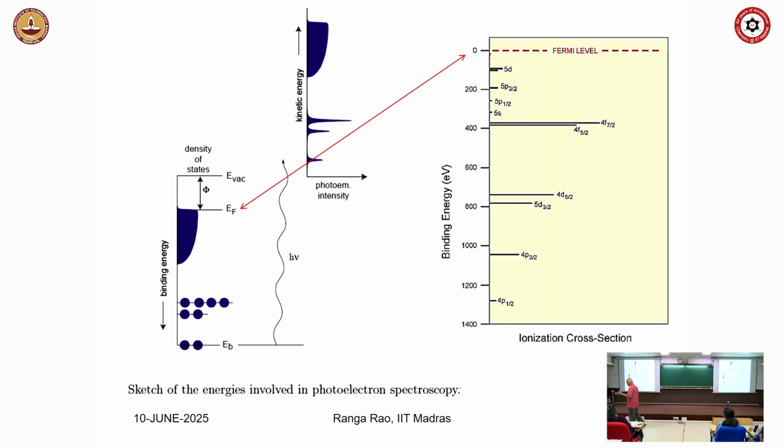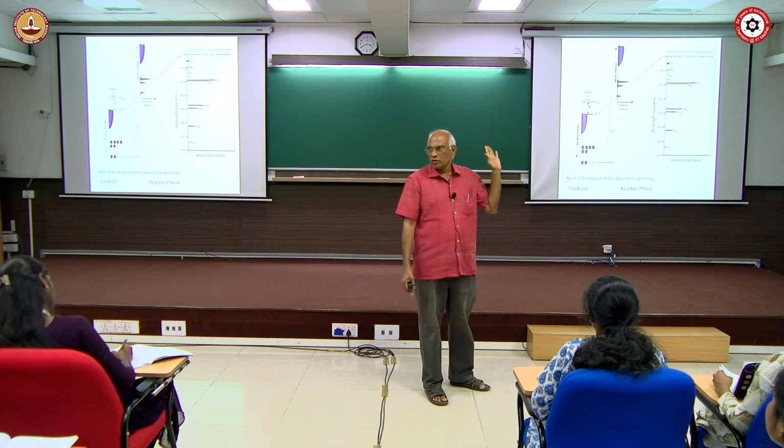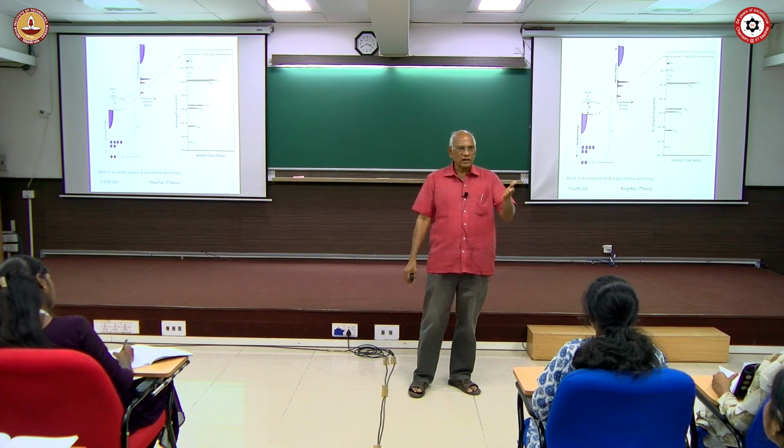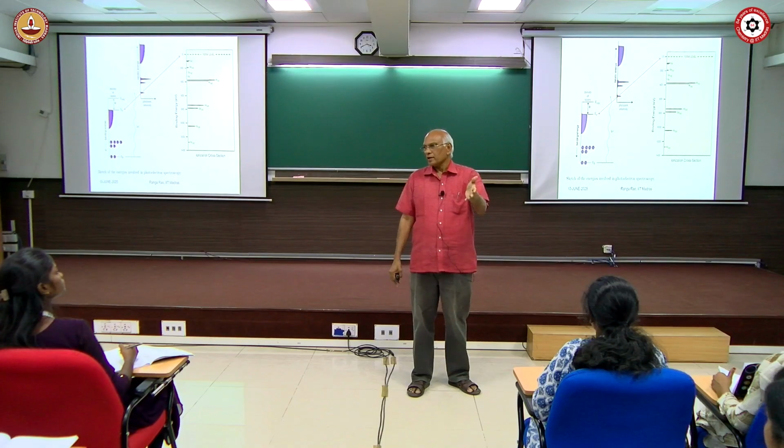So n equal to 1, n equal to 2, you are basically going to 1s, 2s, 2p, etc. You don't have to go to that. Of course, for lighter elements like oxygen, nitrogen, etc., you can go to 1s very easily. But if you go to, for example, gold, copper, etc., you don't need to go to 1s. If you analyze the d orbitals and p orbitals, that is sufficient.